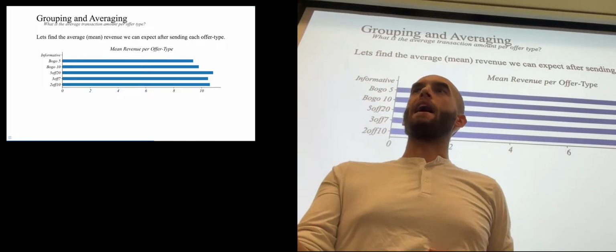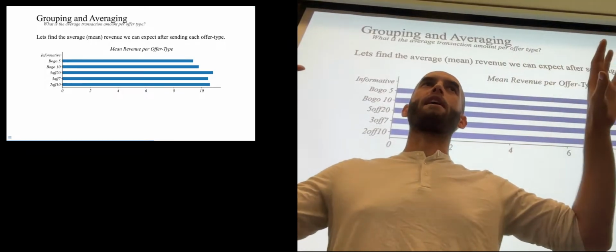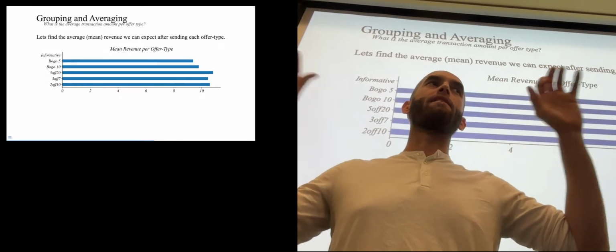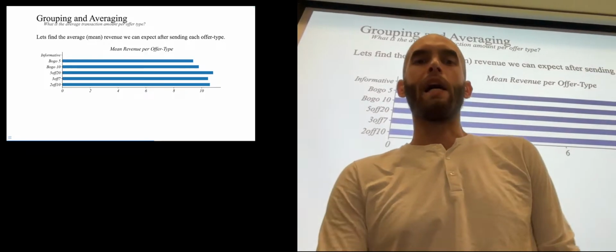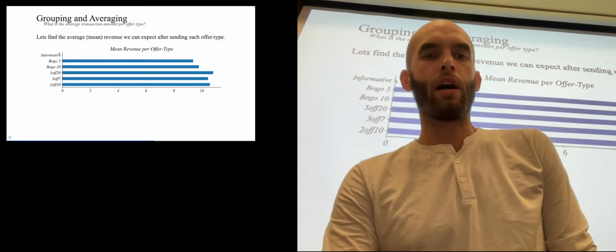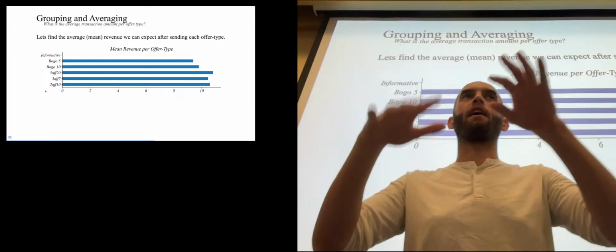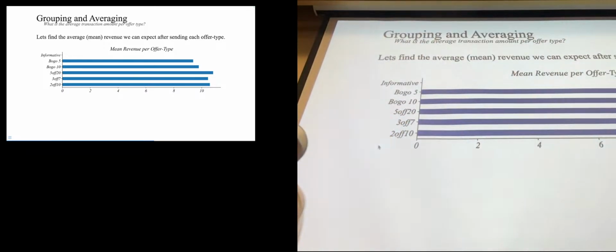What's the average revenue per offer ID? So let's take maybe 30 seconds to a minute here, try to examine what this is doing, and think about whether there's anything sort of funny looking in this figure. There's a bit of a caveat, and I'm curious if anyone can notice what that is. Take a minute here.